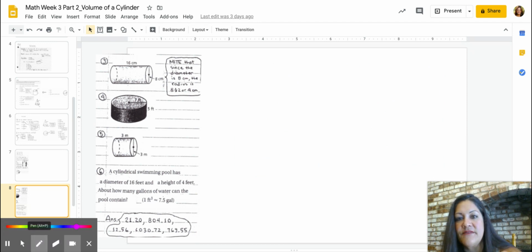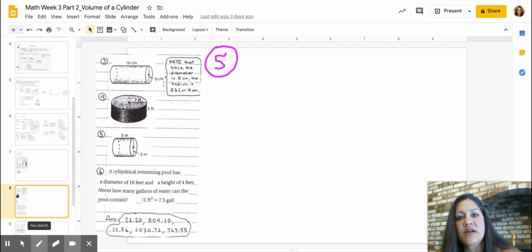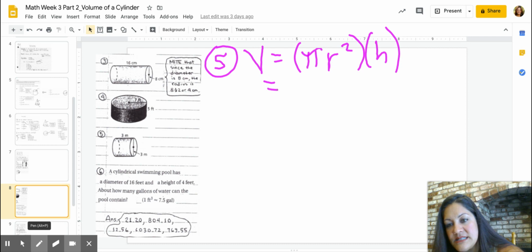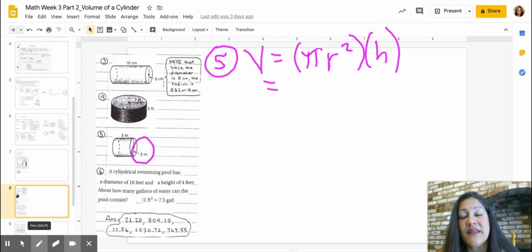Number 5. We have our formula. Base is pi r squared because it is a circle, times height. I see my diameter is 3. That means my radius is 1.5.